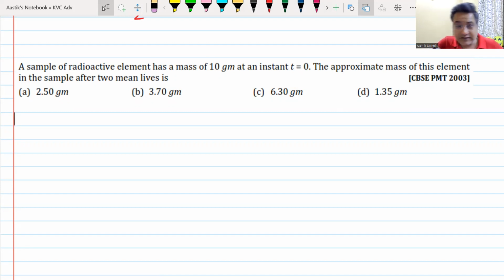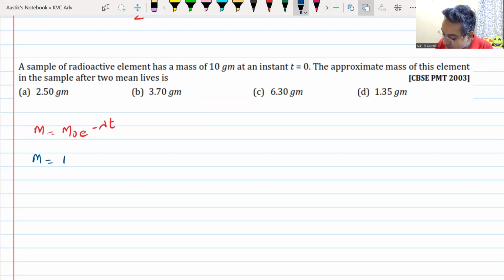I'll give you 2 minutes to solve this. The answer is definitely D. Well done. Now here we must use the formula m is equal to m naught e to the power minus lambda t. We just put the values and get the answer.